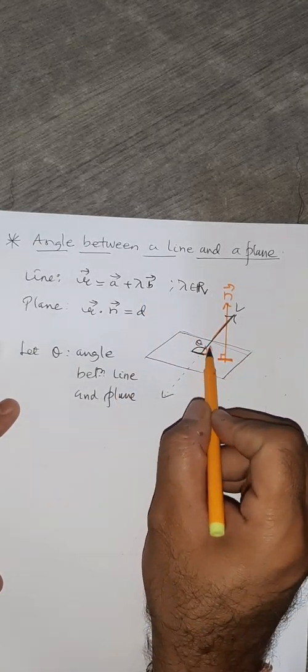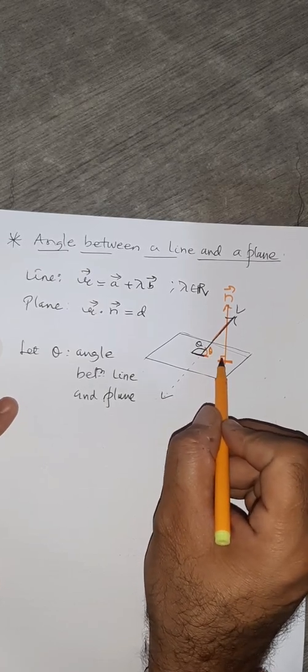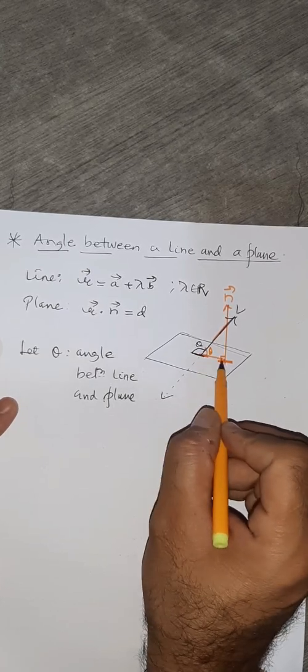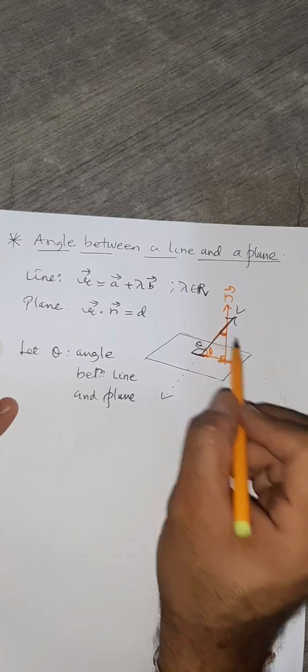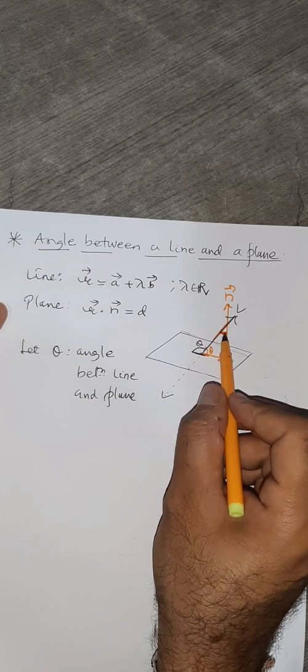Now this is also theta. So if this is theta, you know this is 90. So in this triangle, this becomes 90 minus theta. Right, this angle. Now what is this?